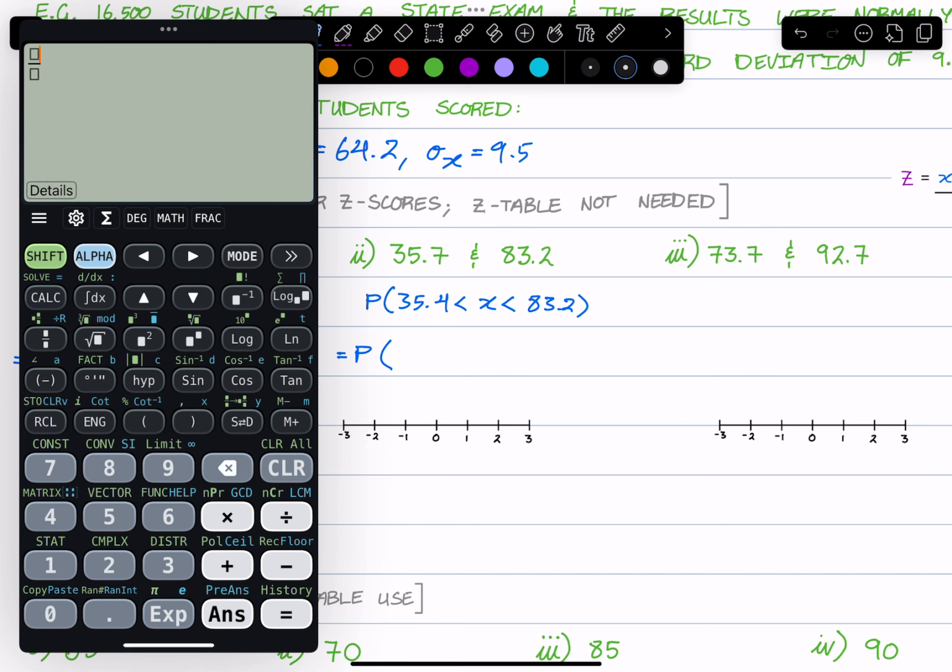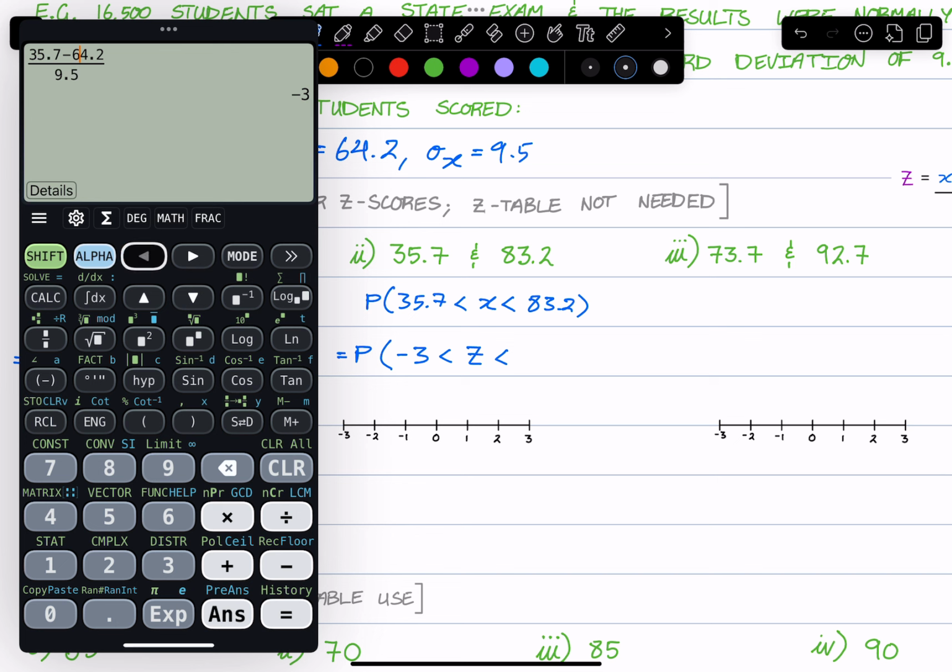So 34.4 minus the mean of 64.2 over 9.5. Sorry, 35.7, my bad. 35.7. That gets us a Z-score of -3.